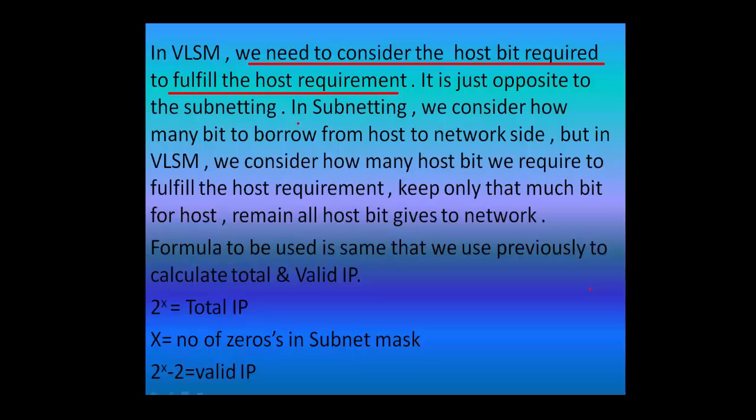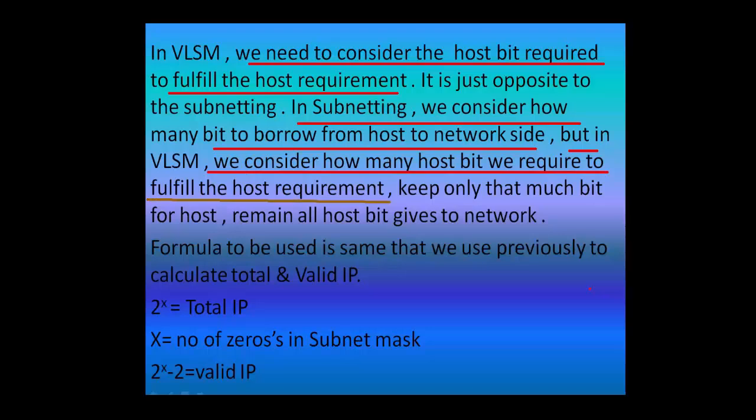In subnetting, we consider how many bits to borrow from host to network side. But in VLSM, we consider how many host bits we require to fulfill the host requirement, just the opposite. Keep only that many bits for the host, and give all remaining host bits to the network.